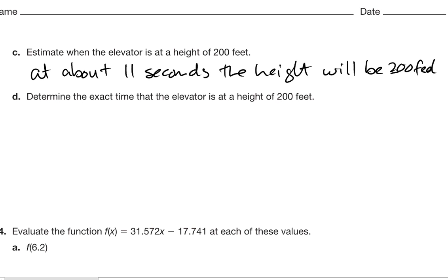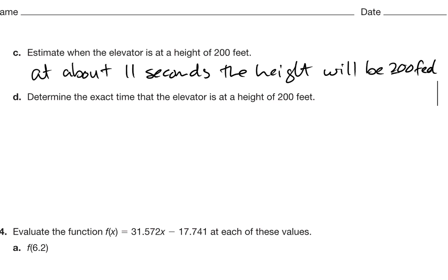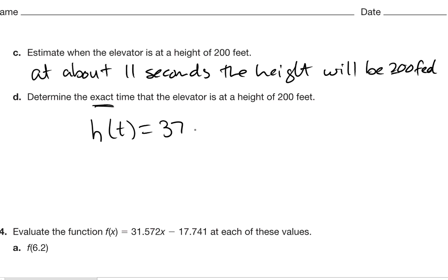Determine the exact time that the elevator is at a height of 200 feet. Oh, that's different. Let's see. To do that, I'm going to use the function, right? So the function, remember, was how I was using h, right? The height as a function of time is equal to 372 minus 15t.